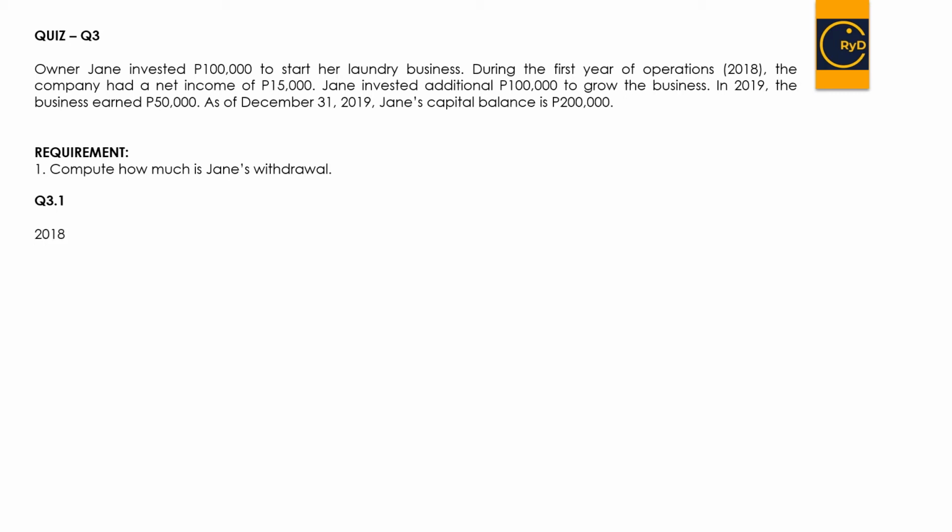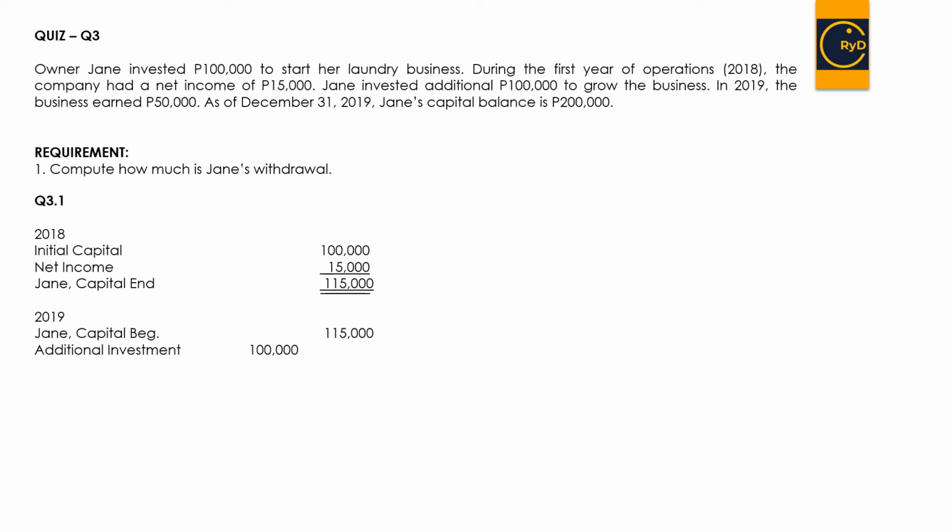So here we start with 2018 at our initial capital of 100,000, and then we add the net income of 15,000. So in the year 2018, Jane's capital end is at 115,000. So the same amount is Jane's capital beginning balance.